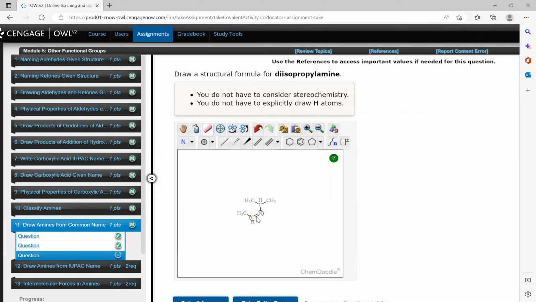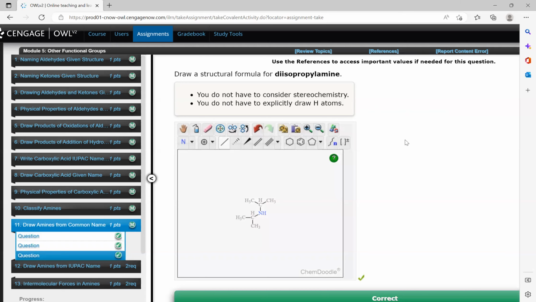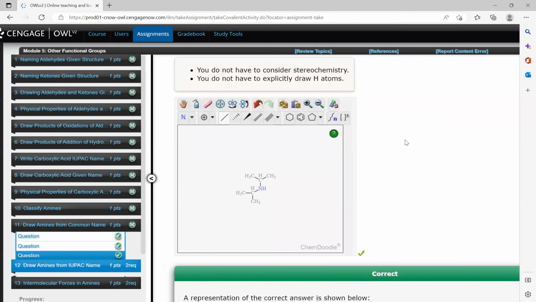Nope, we don't want that double bond. We want it to look something like this. All right, so drawing and naming amines are actually relatively pretty easy.